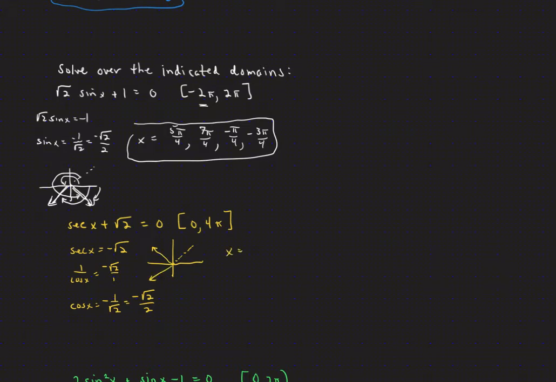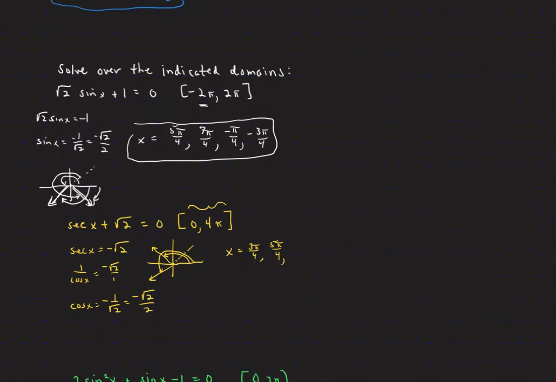So our domain here is going to be from 0 to 4 pi. So the first angle we encounter is going to be 3 pi over 4. The next angle is going to be 5 pi over 4. We're going to keep going till we get to 4 pi.